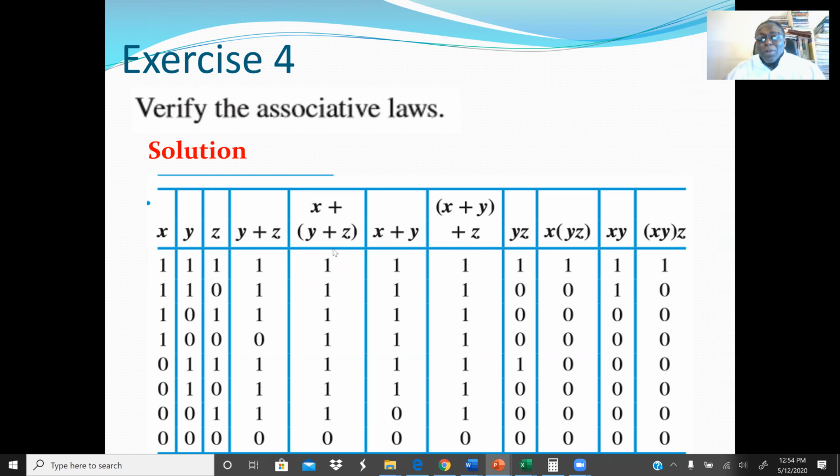And we should get the same answer. So since here I have Y plus Z, I find the Y plus Z first. Here we have S plus Y, so I find S plus Y, then I'll add it to Z. Here I'm going to add it to S. The answer should be the same. For product also, the answer will be the same.